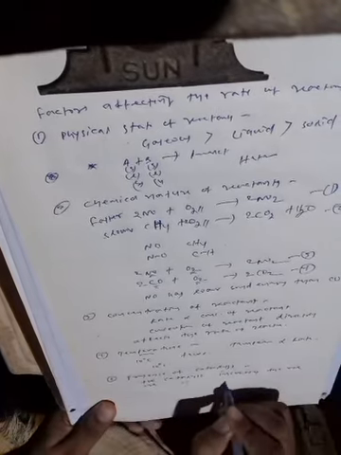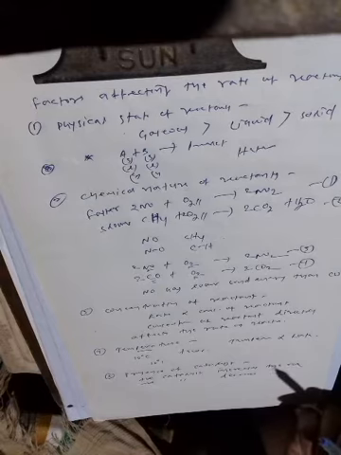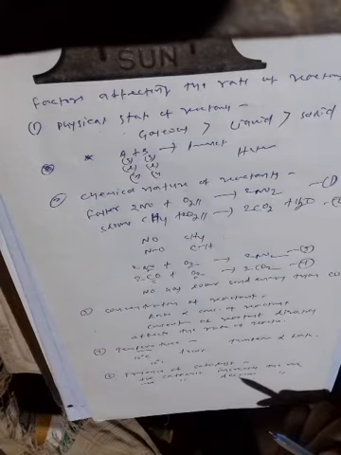So when a positive catalyst is added to a reaction, the rate of that reaction increases. You should know one thing here, that a catalyst is not an essential part of a reaction.